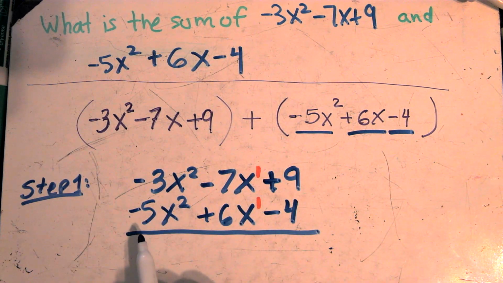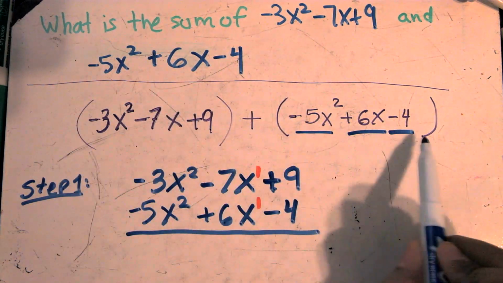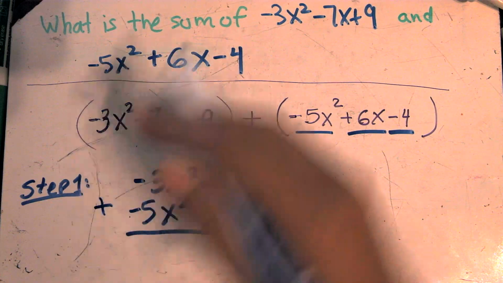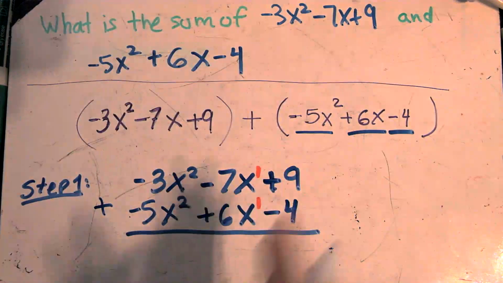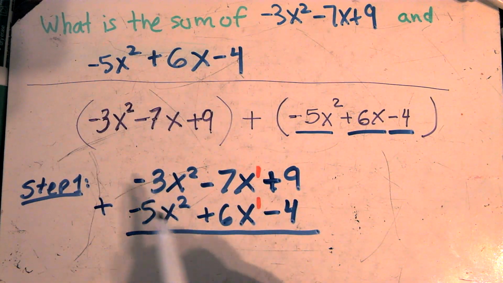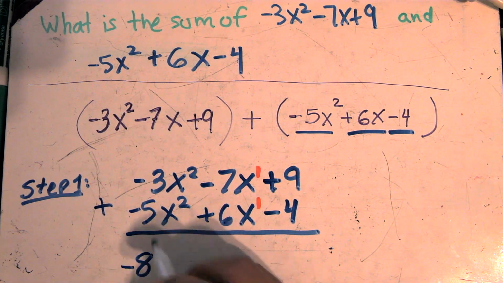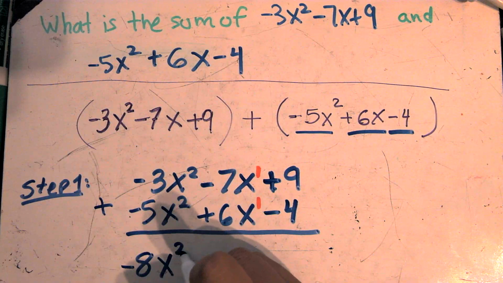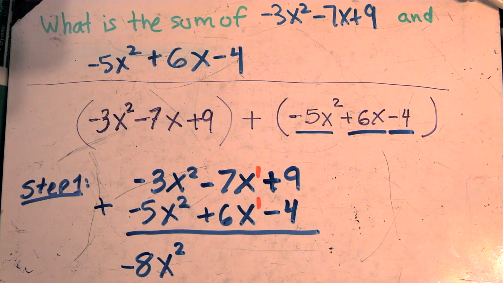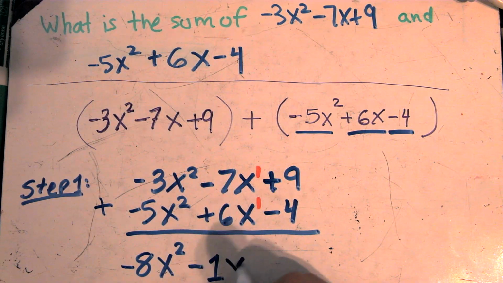So first column, now that I have converted it from horizontal to vertical, I can just add. Negative 3 plus negative 5 is going to give me negative 8. And the variable and the exponent don't change when we are combining like terms. Then we have negative 7 plus a positive 6 is going to be negative 1x.